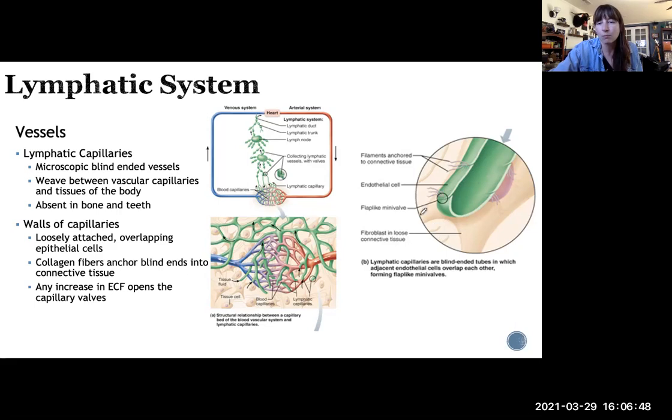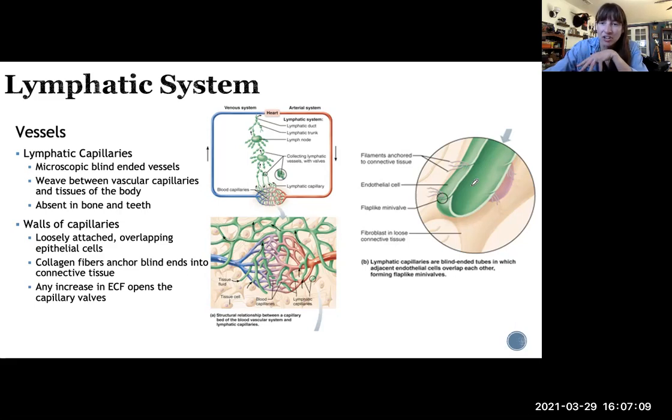So when there's more fluid on the outside of the ends of these little lymphatic capillaries than on the inside, these overlapping epithelial cells collapse. They get pushed down by the pressure of all this extra fluid all around, and that extracellular fluid will go into this dead-ended lymphatic capillary.